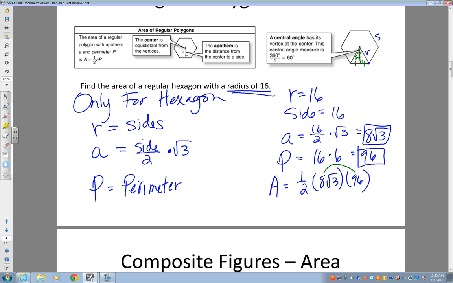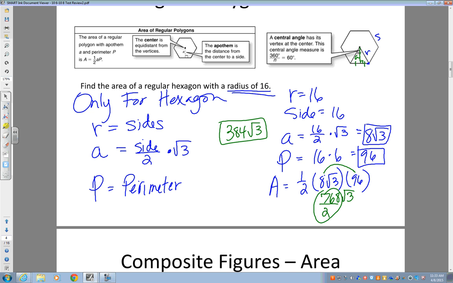So 8 times 96, what would that give you? Yeah, 768, and then radical 3. And then we're taking half of that, so we divide it by 2. Yep, so you take half of that and you get 384 radical 3. There's your area. Yes, you always simplify.